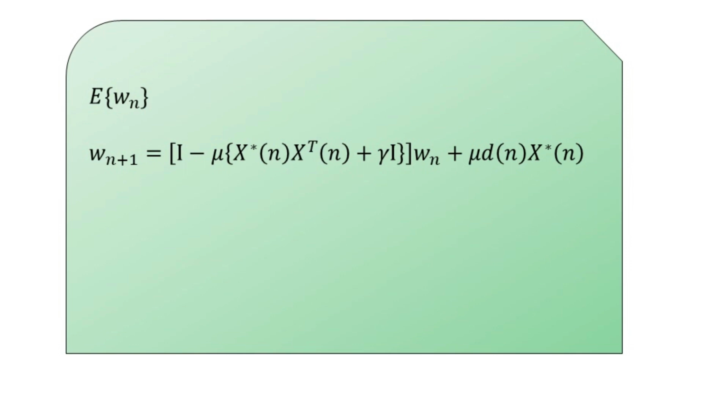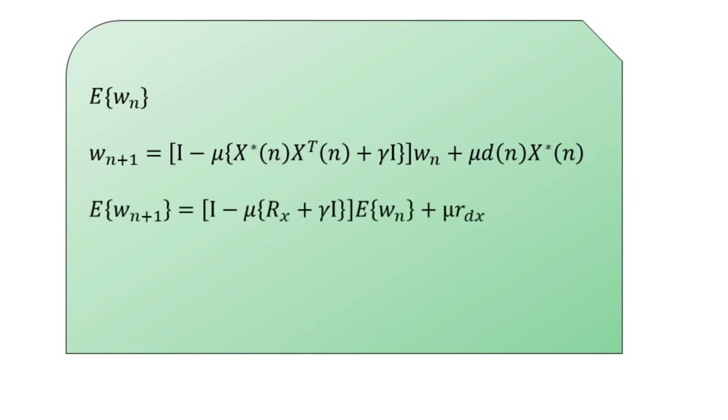Now, taking the expected value on both sides and making use of the independence assumption, we get the new form of the expression: capital E of W suffix n plus 1 is equal to, in the square bracket, I minus mu times the autocorrelation matrix Rx added by gamma, the leakage coefficient, multiplied by capital I, and this square bracket after closing is multiplied by the expected value of the weight vector W suffix n.